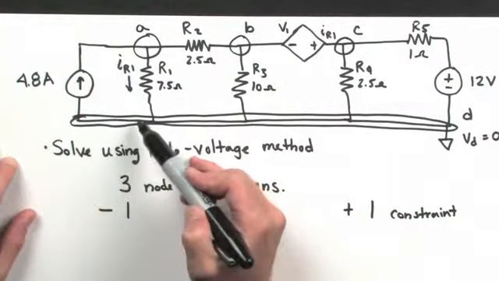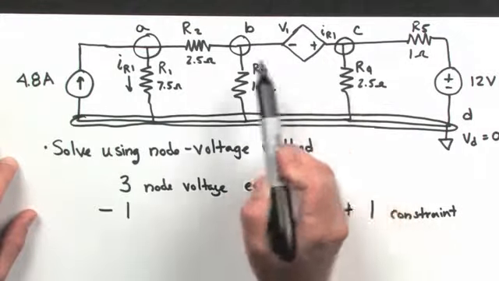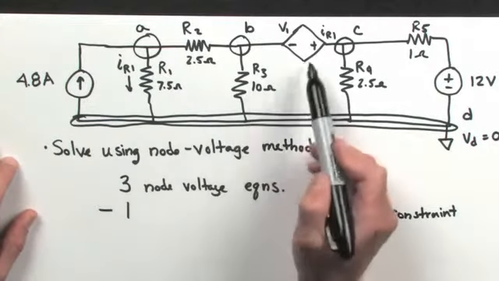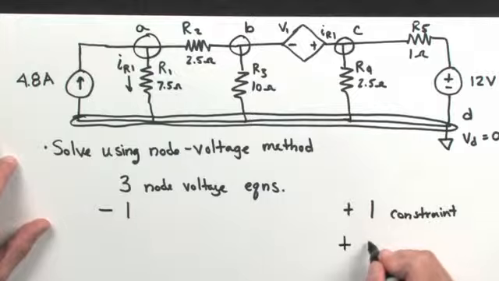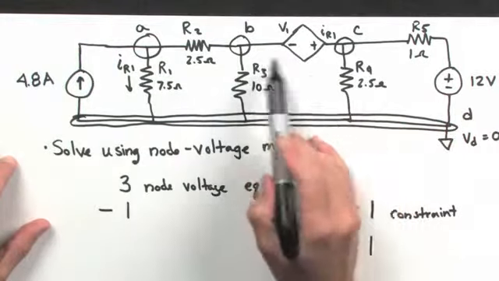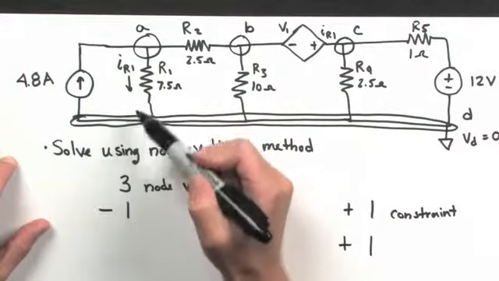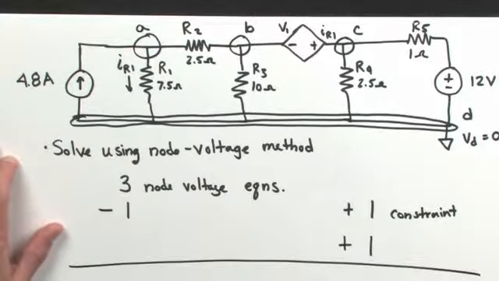So when 1 amp of current flows through R1, there will be 1 volt of potential difference between C and B. Since this is a dependent supply, we also need to add a constraint equation to determine the voltage potential based upon the current that flows through resistor R1. So all told, to solve this problem, we're going to need 2 node voltage equations and 2 constraint equations.